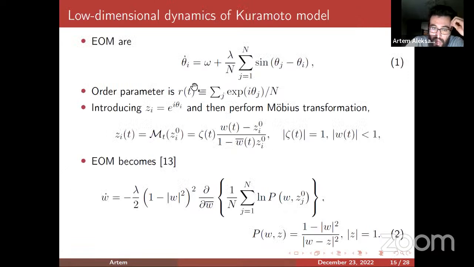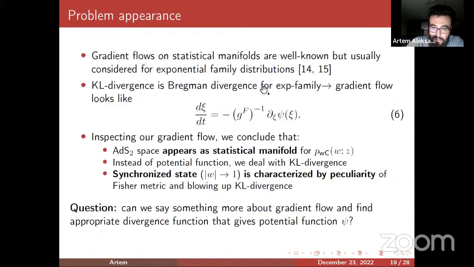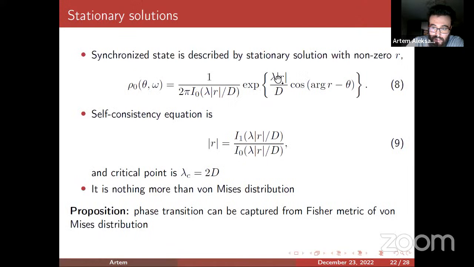Sorry for that. In the continuum limit, the order parameter is given by an integral over theta with my stationary distribution rho. Is it clear? Yes. So I substitute the stationary solution into the expression for the order parameter and then integrate over theta. And then after this, I obtain the self-consistency equation.